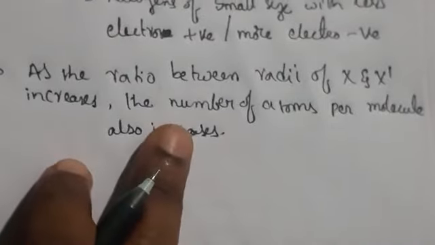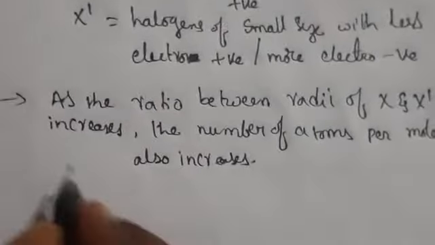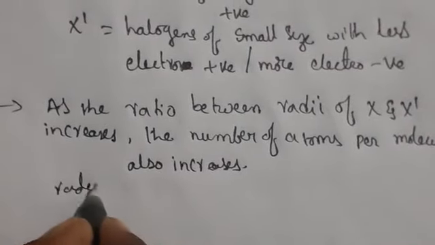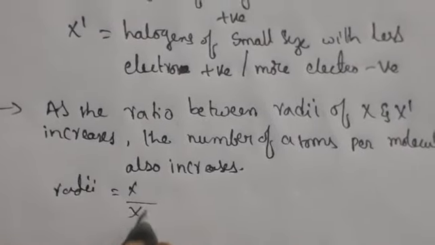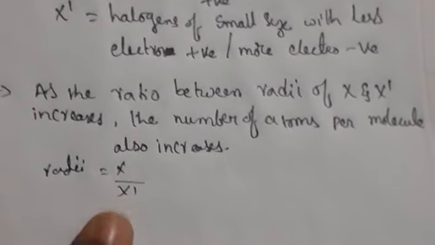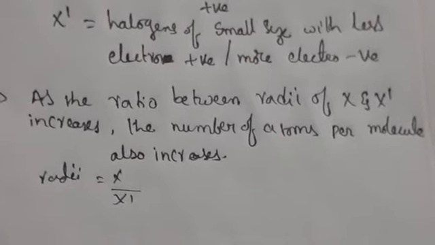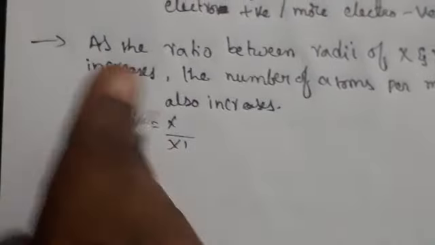So whenever the ratio X by X' is increasing, the number of atoms in the molecule is also going to increase. So that is the meaning of this point.